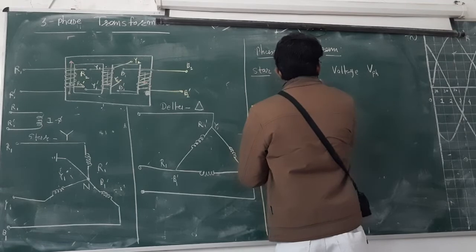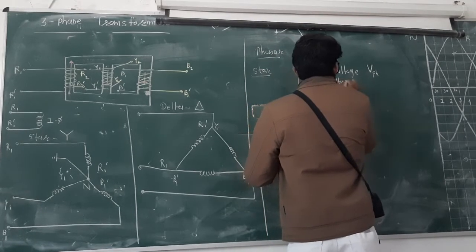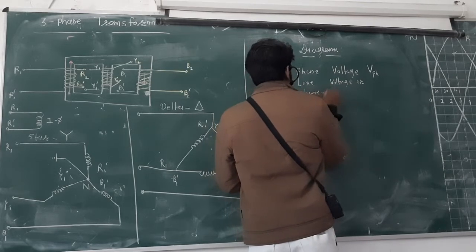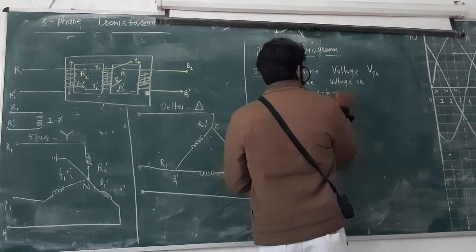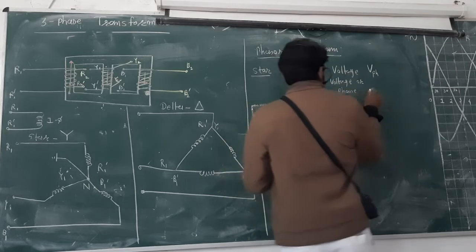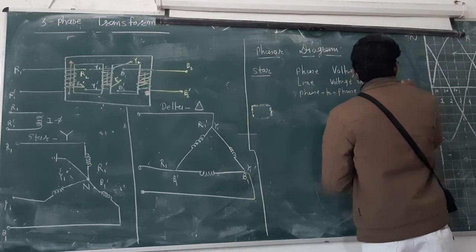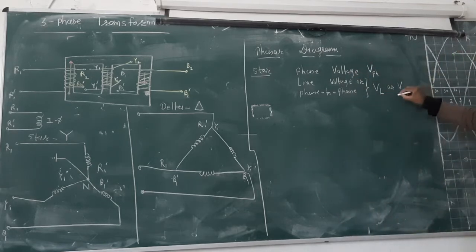So these are the two main terminologies. There is line voltage, sometimes called phase to phase, represented by VL. Phase voltage is sometimes represented by V phase, but we are not going to use this.